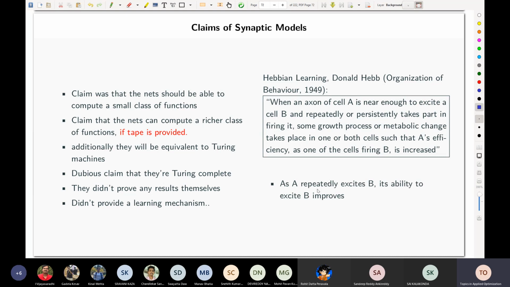As A repeatedly excites B, its ability to excite B improves. The neurons that fire together wire together. That's a very famous phrase. If the neurons with a certain signal are firing together, then they will have stronger connections between them. So these are the proposals here.